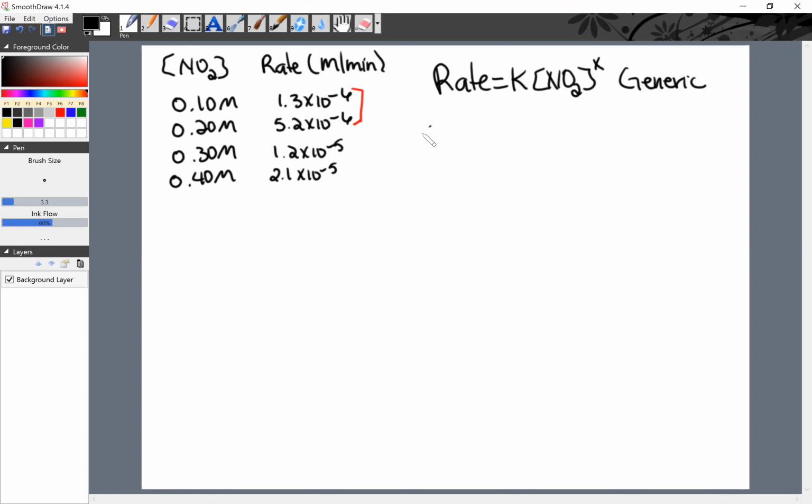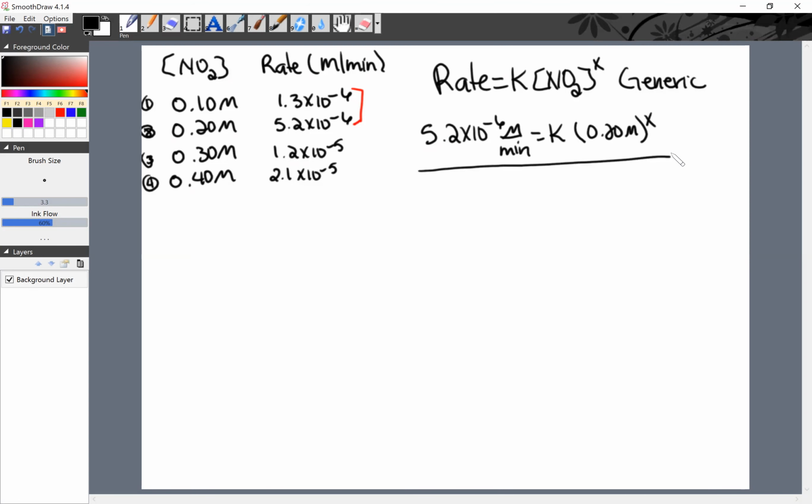All right, so 5.2 times 10 to the minus 6 molarity per minute is equal to k times 0.20 molarity to the x. Okay, so we'll call that 1, 2, 3, and 4. That's the second set of data. I am going to divide that by something smaller, and that is the one above it.